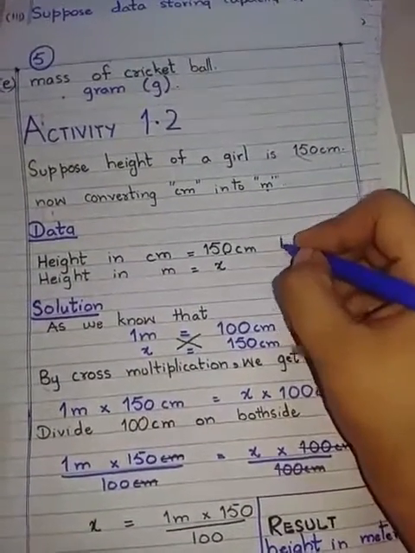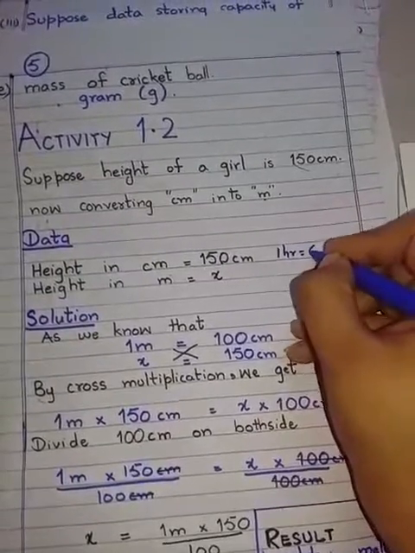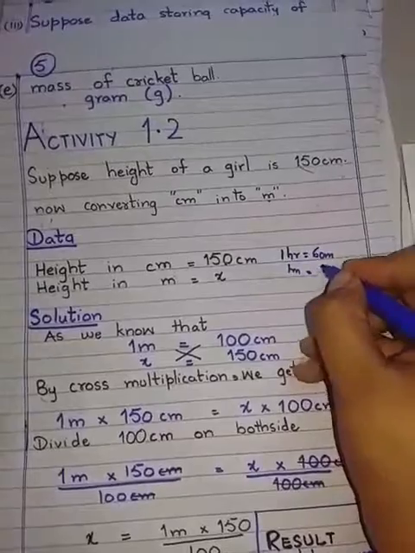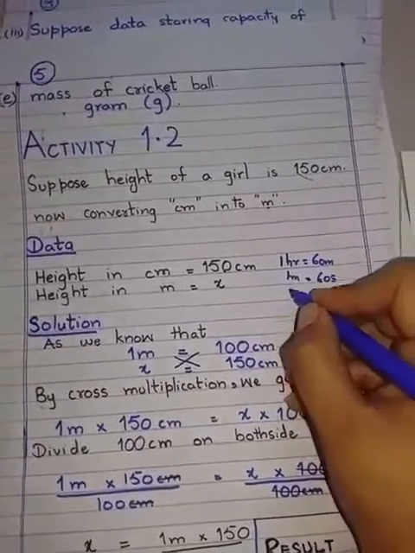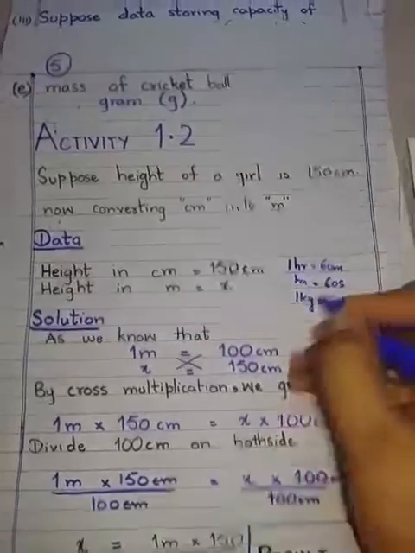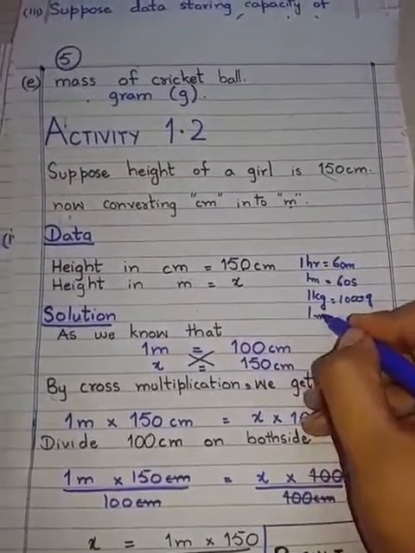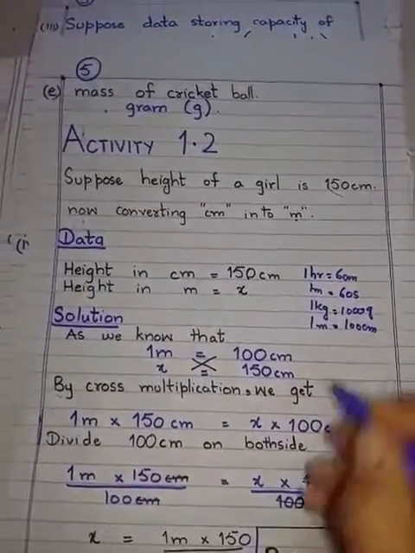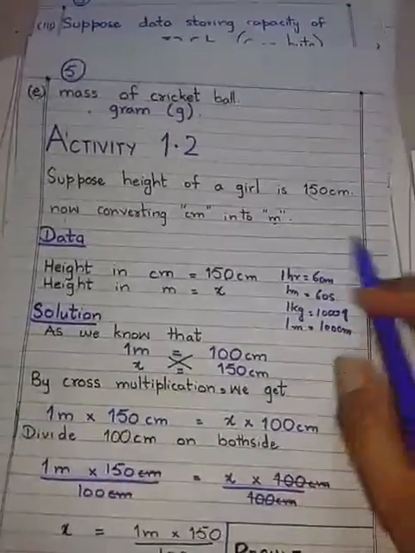You know it very well, girls, that 1 hour is equal to 60 minutes. 1 minute is equal to 60 seconds. 1 kg is equal to 1000 gram. Same way, 1 meter is equal to 100 centimeter. These are the conversions of unit.